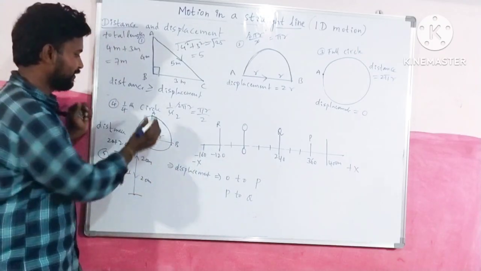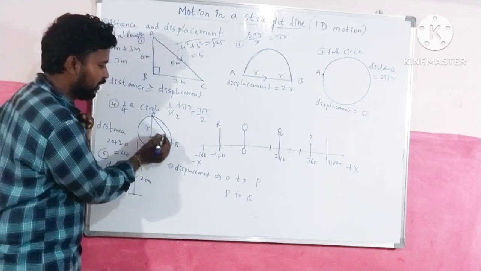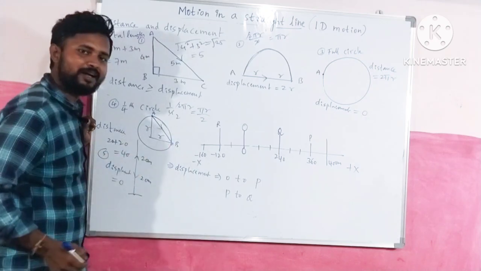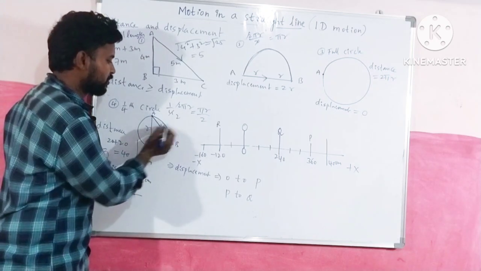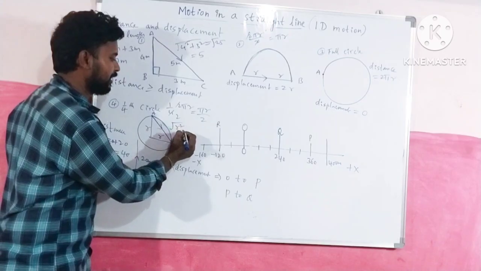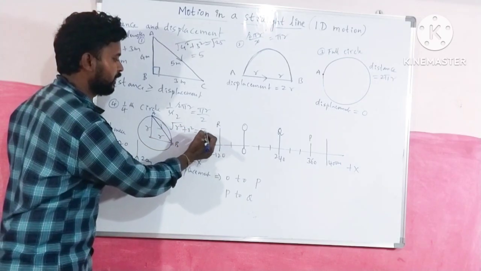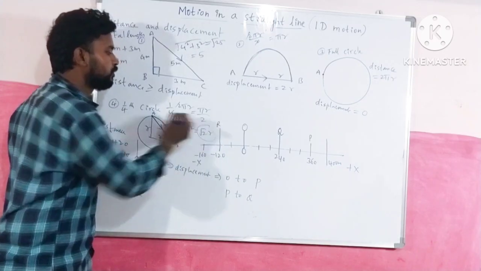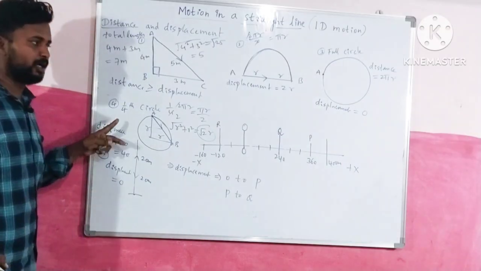What is the displacement? When you join the initial position and the final position, it gives the displacement. Applying the Pythagoras theorem, r square plus r square gives root 2 r. So root 2 r is the displacement of the body in this case.